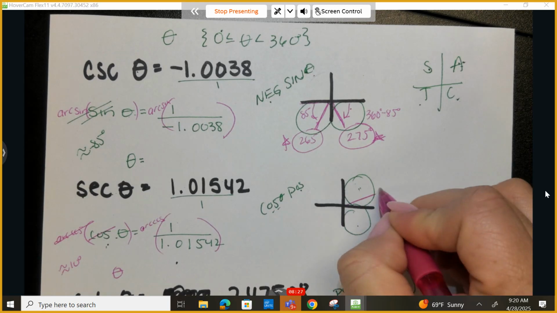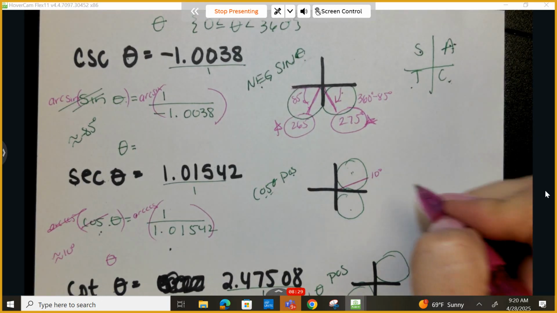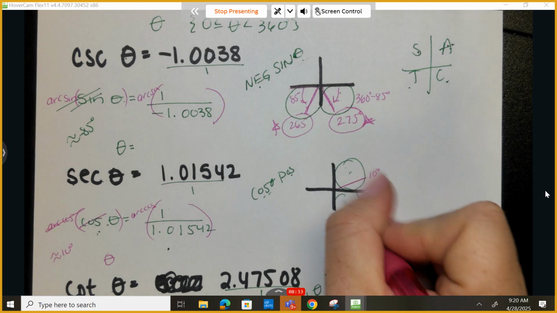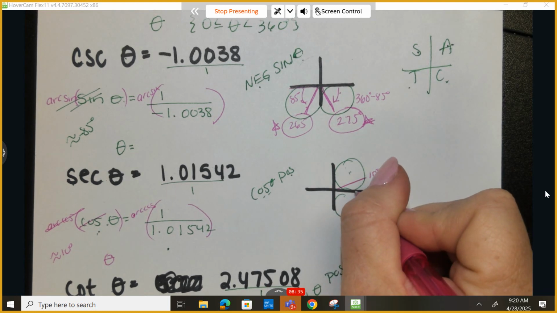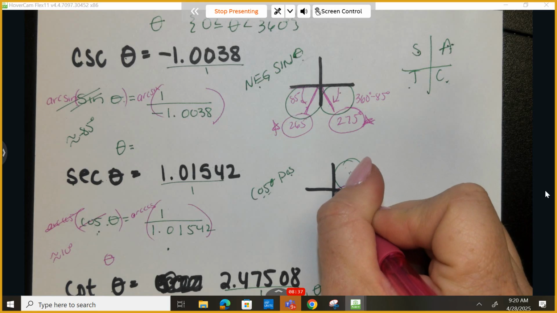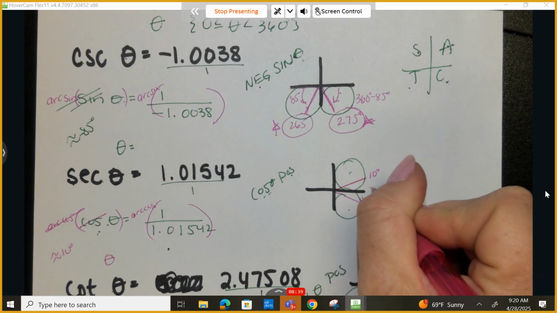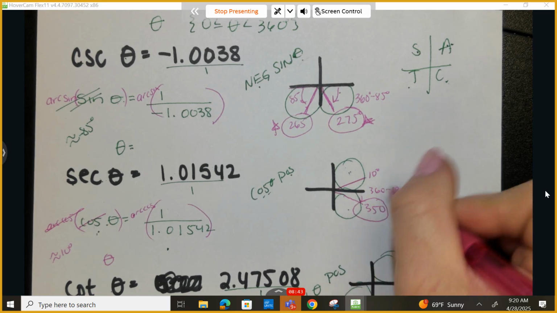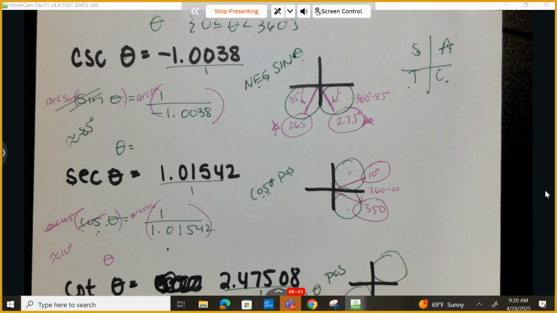Now, how do I get an angle here? Instead of going up, I'm going to drop down 10 degrees. So I'm taking 360 and dropping down 10 degrees to get 350. I believe that 10 degrees and 350 degrees are my two answers, but I have to check on the calculator.